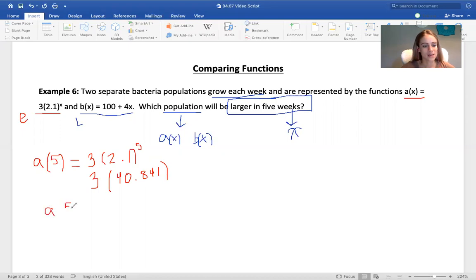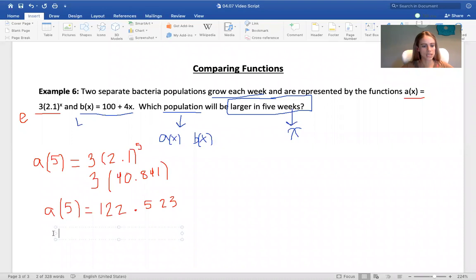So a of 5 is equal to 122 and then 523 thousandths.